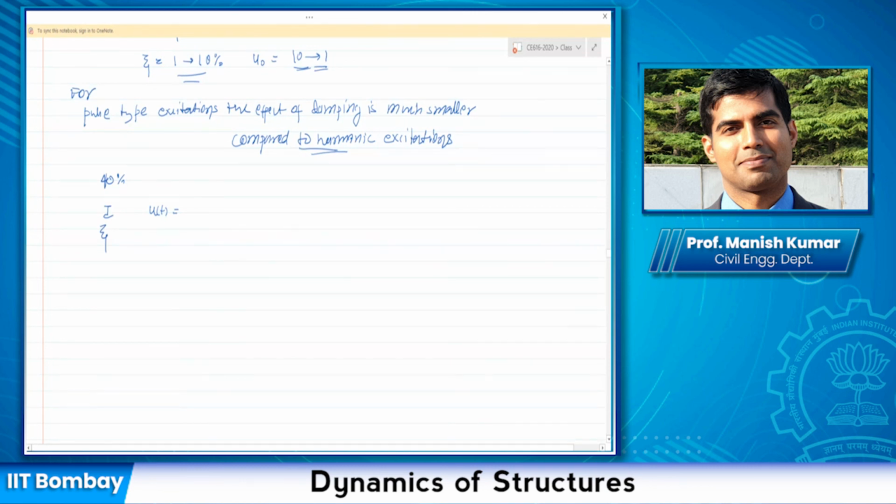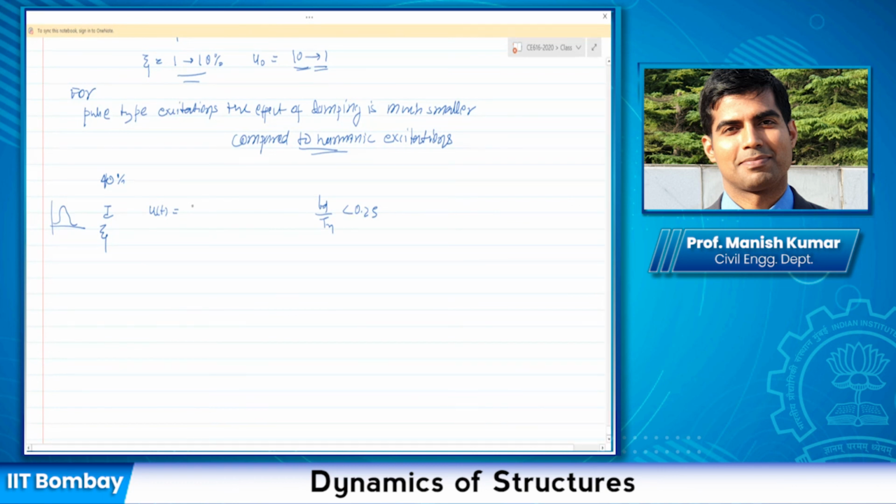So when the shape does not matter, when Td by Tn is smaller than 0.25, remember, for any arbitrary shape with damping, I can find out the responses. How? I can utilize the unit response function and I can use the Duhamel integral, remember?